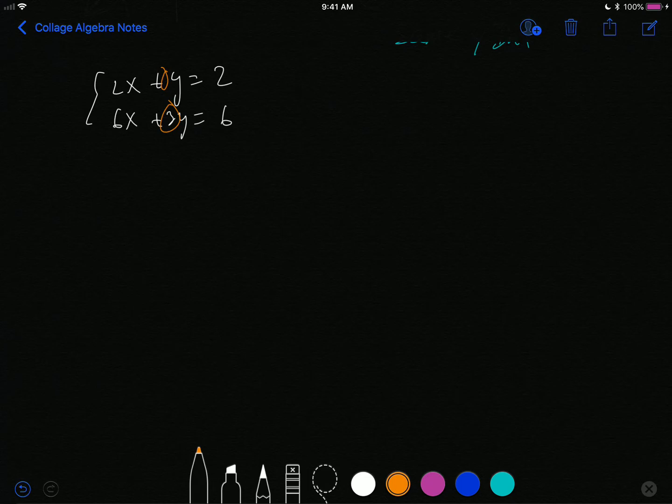So I multiply this equation by 3, and I multiply the equation down here by -1. In so doing, I get 6x plus 3y equals 6, and then multiplying by -1, -6x minus 3y equals -6.